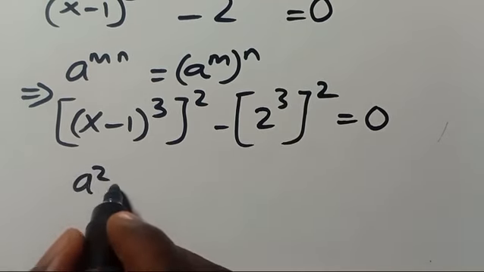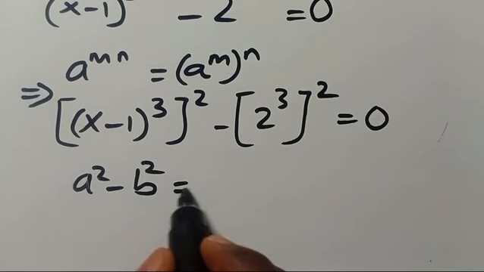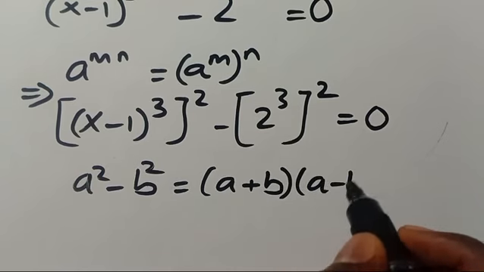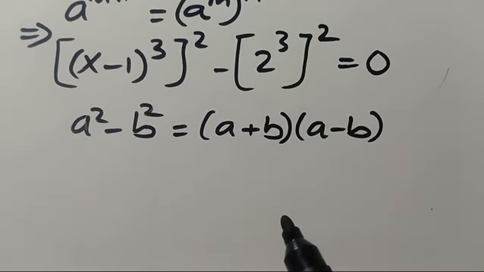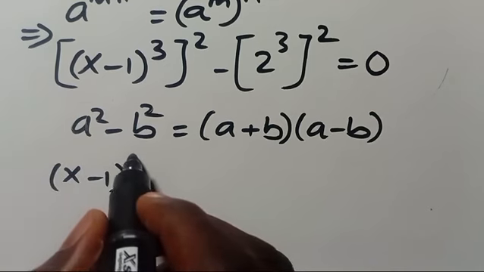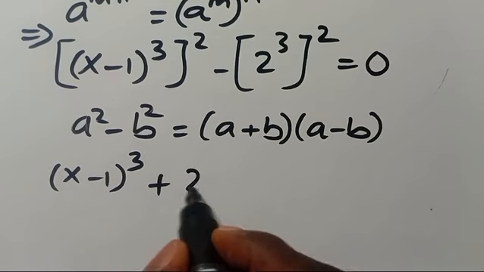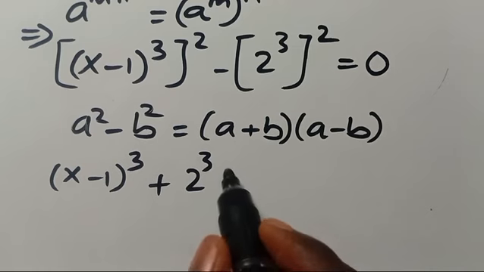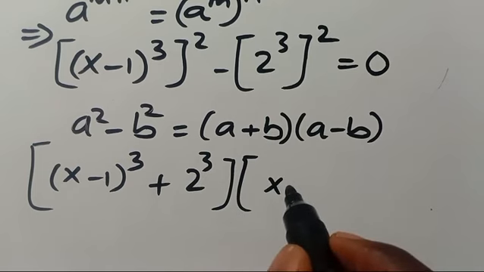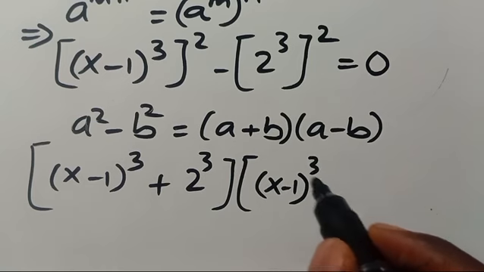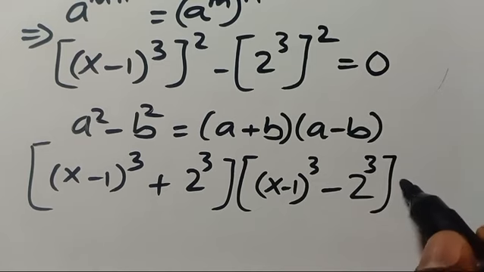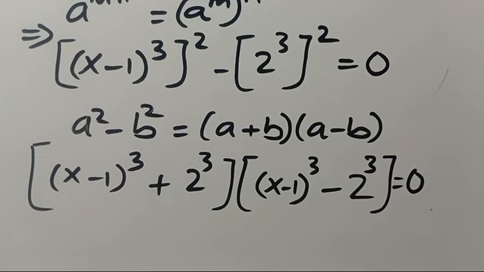Recall that when we have a² − b², we can simplify this as (a + b) multiplied by (a − b) from the algebraic expression. So from here we have ((x − 1)^3 + 2^3) multiplied by ((x − 1)^3 − 2^3), and we still have everything equal to 0.